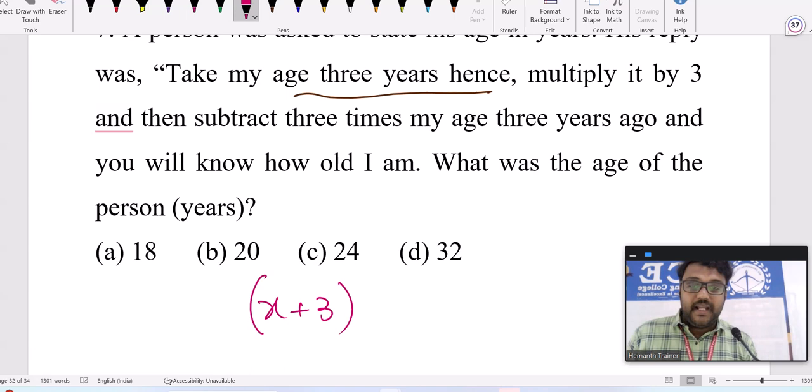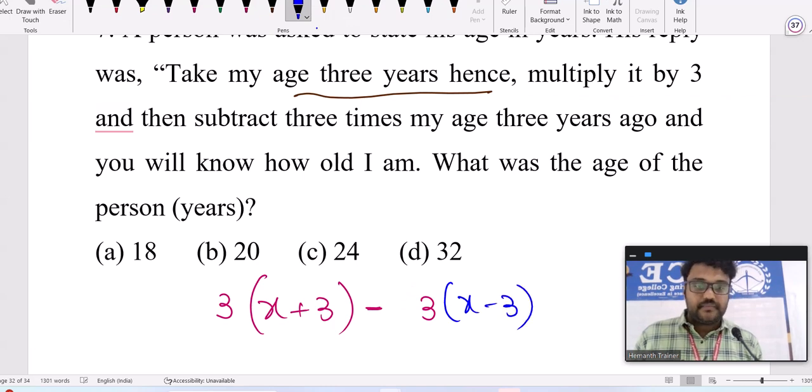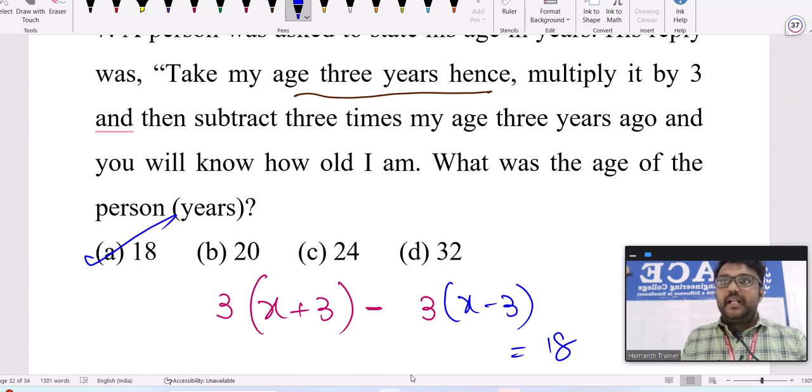Multiply by 3, then subtract 3 times my age 3 years ago, which is x minus 3. Now 3x cancels, 9 plus 9, 18 will come. So the age of that person is 18.